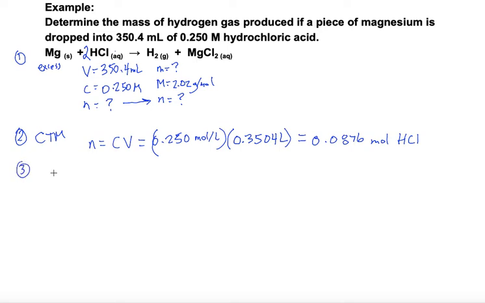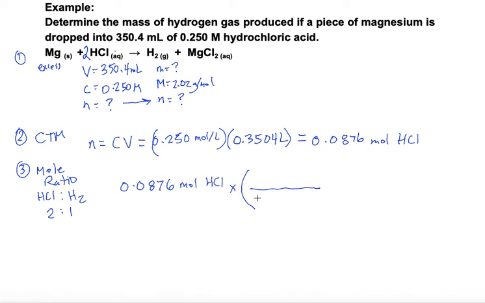My next step in my solution now that I've got moles, is that ratio to get us to moles of hydrogen, right? So I'm going to just call it mole ratio. That's what I'm looking at. So that mole ratio, HCl to H2, is going to be a 2 to 1 ratio. So I'm going to have my 0.0876 moles HCl, and I'm going to multiply it by my fraction that comes from my balanced chemical equation, right?